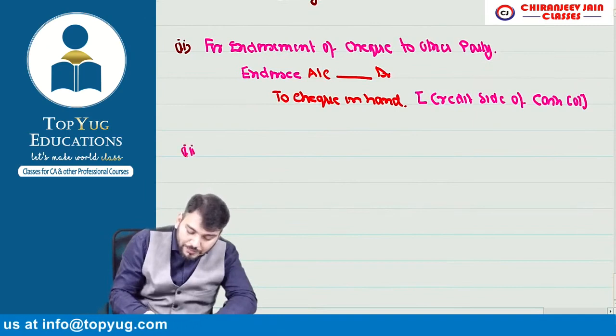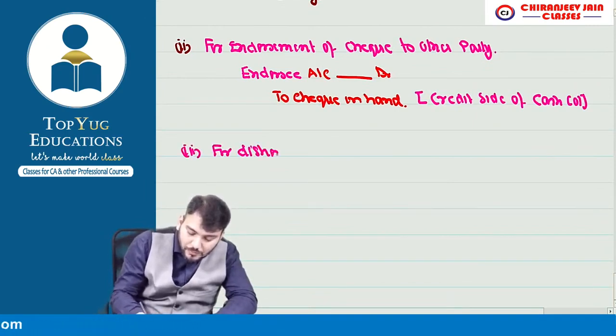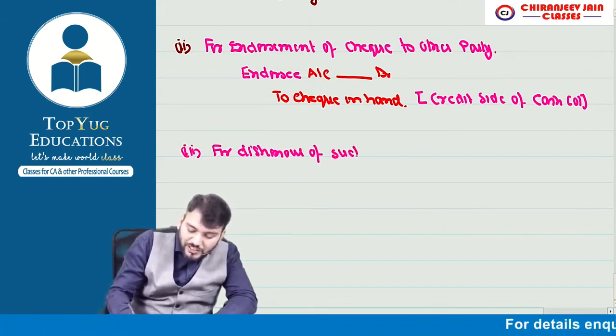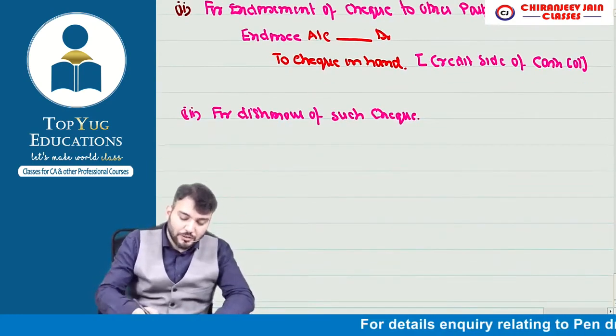Now point number 3. For dishonor of such check, tell me, dishonor has happened, then what is the journal entry?